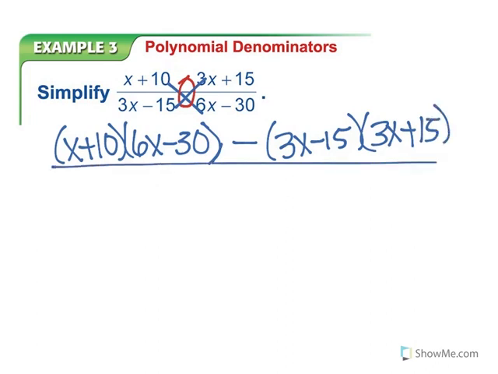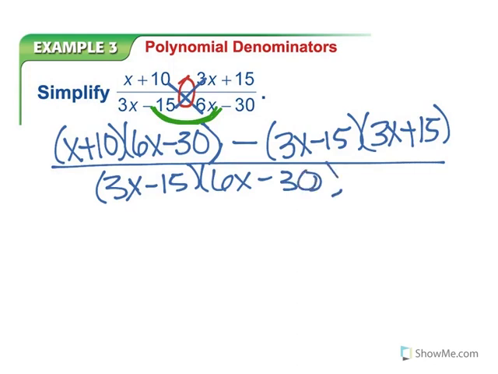All right, so we have our numerator. We're going to divide by the denominator by multiplying the two denominators to finish our smile. So we get 3x minus 15 times 6x minus 30 in our denominator.